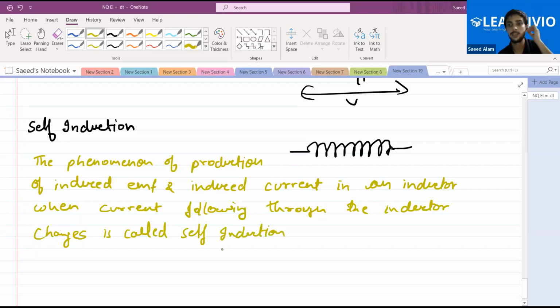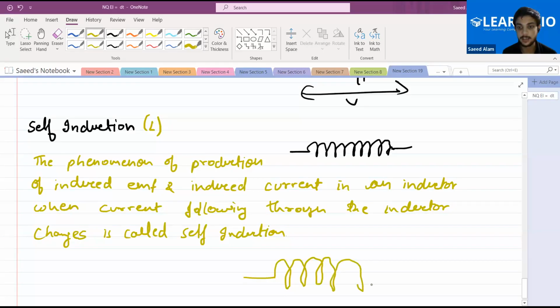Actually, we used to represent it with a letter L. What is actually happening here? Suppose, let's say, is it looking like a solenoid? Yes, sir. So what is happening here?